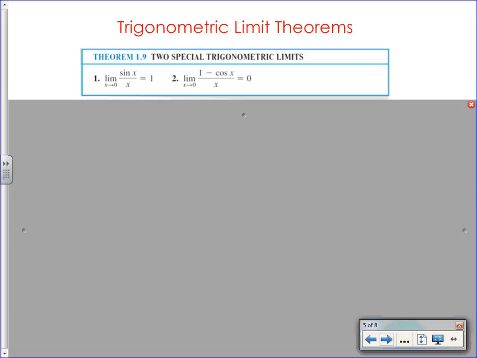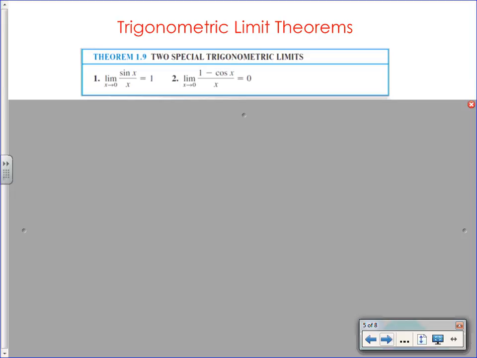Every time. Next, the limit as x approaches 0 of 1 minus cosine of x over x equals 0.